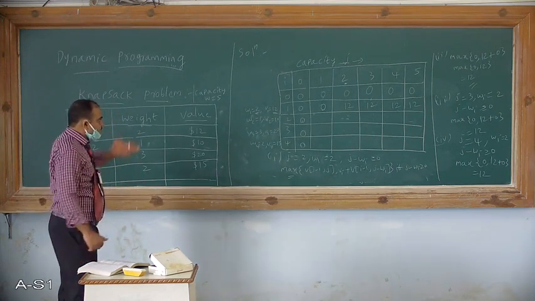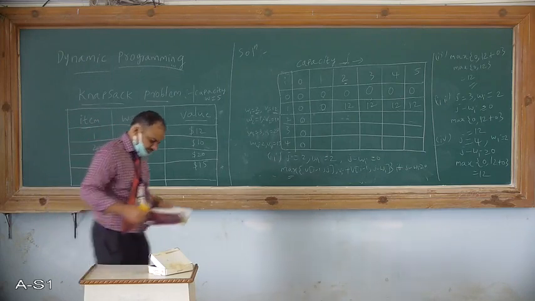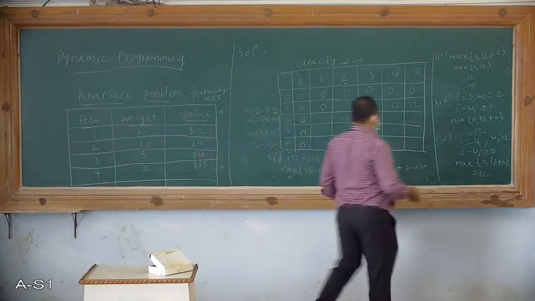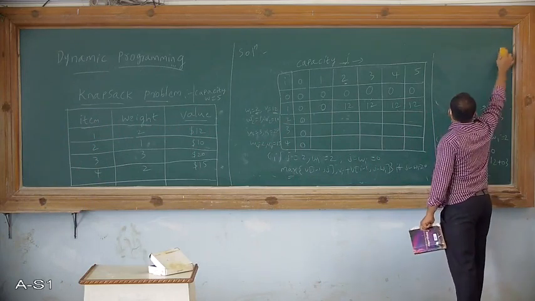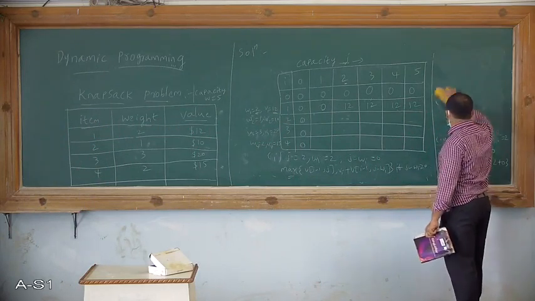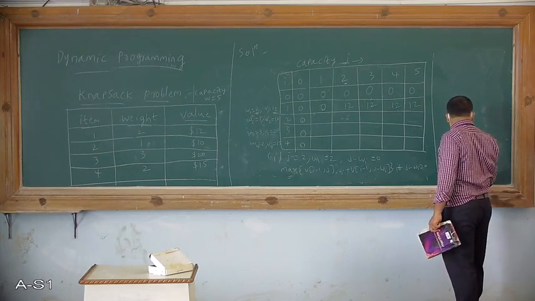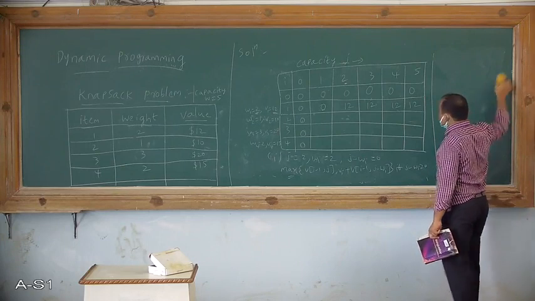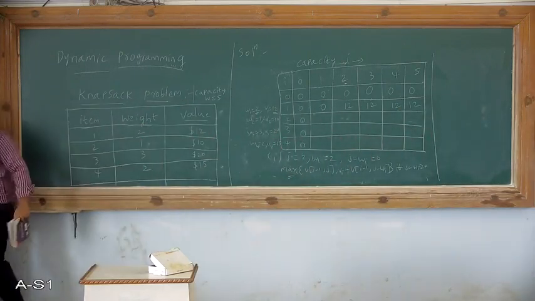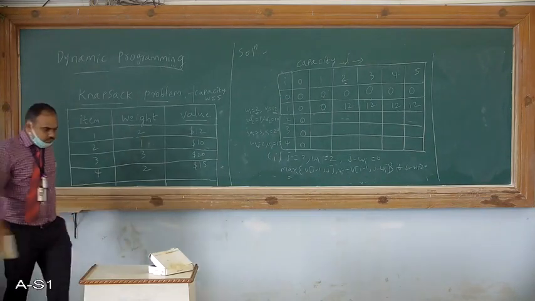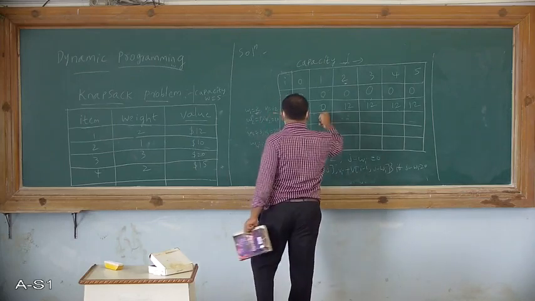Yes, I will go for the third row and the third column. So we have done till here, and we'll go for the next case.